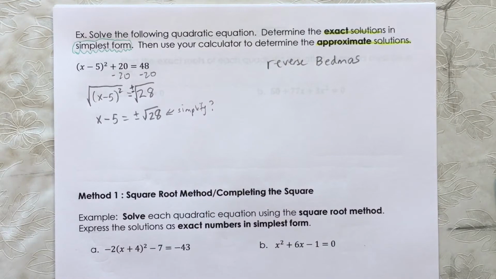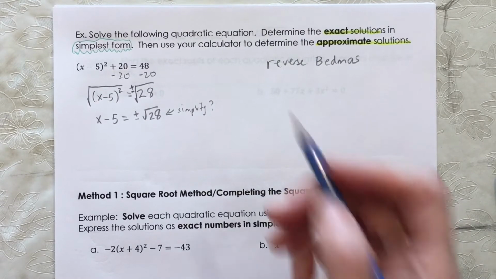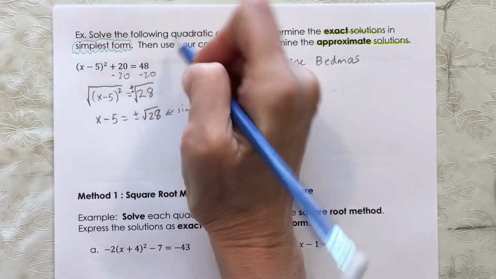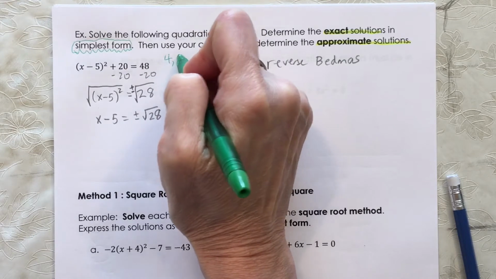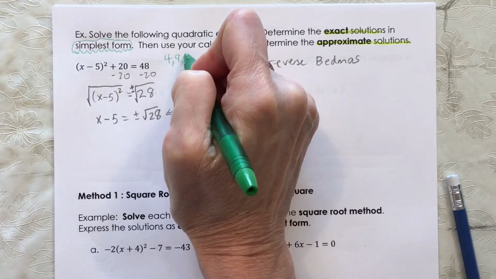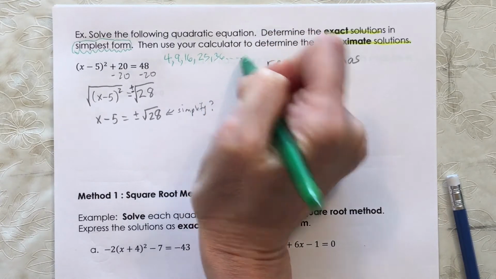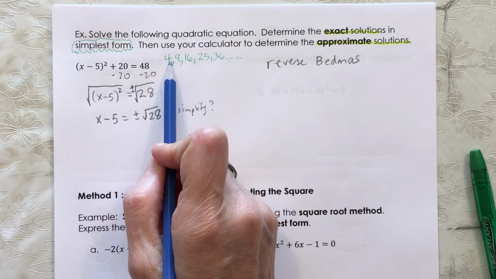And sometimes you'll be able to simplify and sometimes you won't. So if I were able to simplify, there would be a perfect square that divided evenly into 28. So what were those perfect square numbers again? So it was 2 squared, which was 4, 3 squared, which was 9, 4 squared, 16, 25, 36. So the biggest one that divides evenly into 28 is 4.